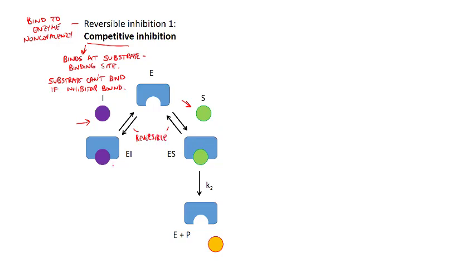So that means that even if an inhibitor is bound, it can still unbind and you can go back to binding your substrate and having a reaction. So in effect, what happens is that the inhibitor and the substrate compete for binding, which is where the term comes from.